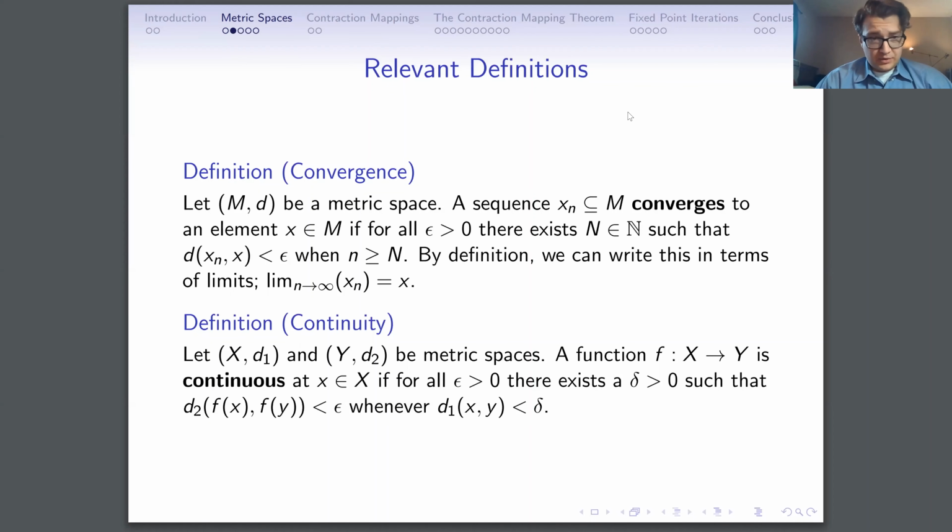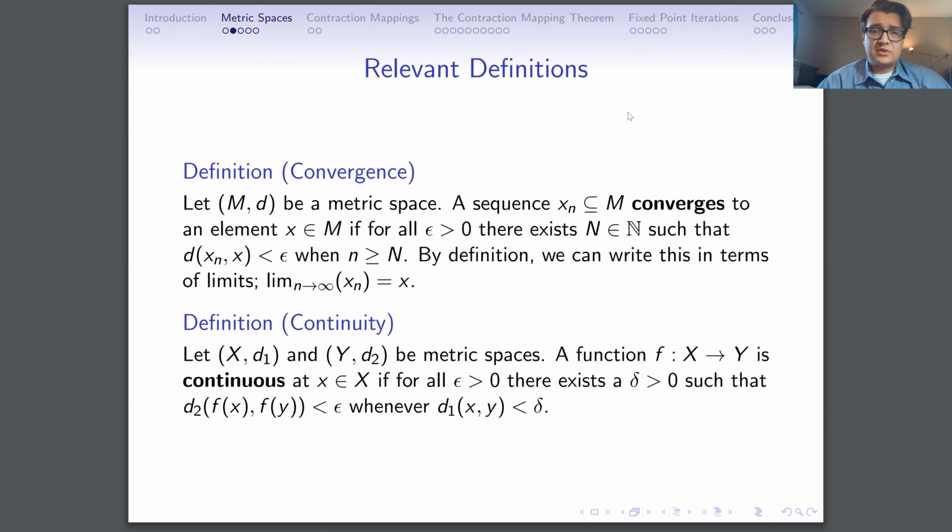And now let's define continuity. So if you have two metric spaces, X with d1 and Y with d2, note these are two different metrics. If you have a function f that maps X onto Y, this function is continuous at some point x in X if for all epsilon greater than 0, there exists a delta greater than 0 such that the second distance function between the images of x and y under f is less than epsilon whenever the distance between x and y is less than delta for the first distance function, right?